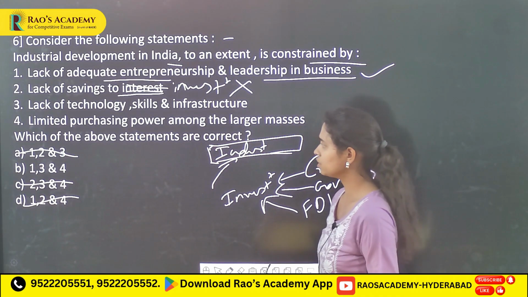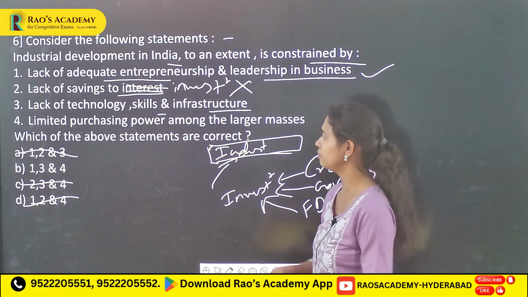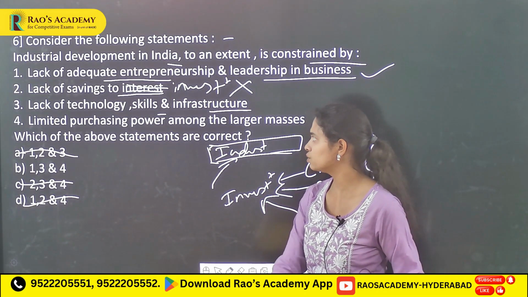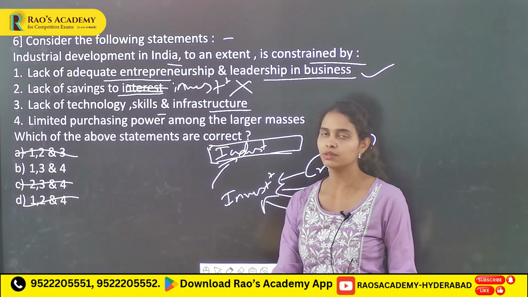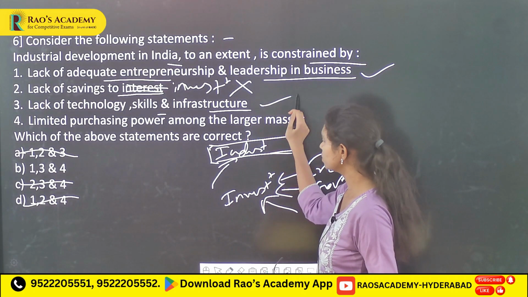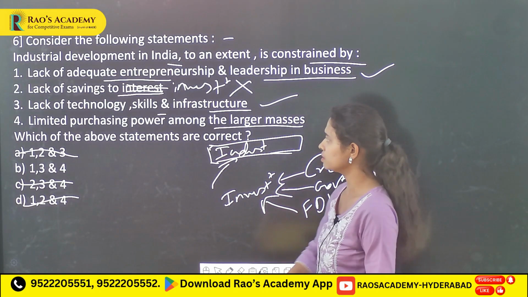So without reading 3 and 4 we have reached the correct one, then followed by lack of technology skills and again the infrastructure, because in the modern age and also in the modern industries the updated technology as well as skilled workforce are very essential in order to increase the output. So it is also a correct one, then followed by limited purchasing power among the large masses.